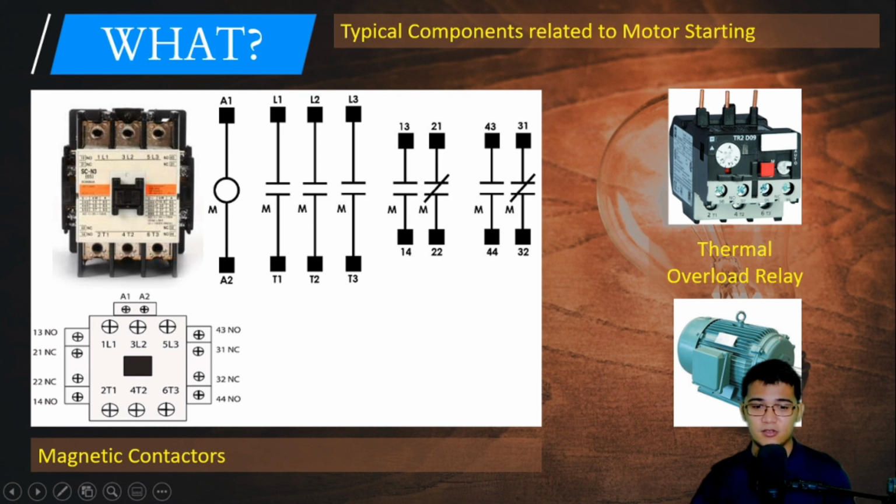Okay? So this will serve as protection doon sa ating motor. So isipin lang natin class na yung motor, masyadong mahal yan. Napakamahal ng motor. So it's very important to protect the motor against overcurrent and other hazardous conditions. Isa nga sa nagpo-protect dyan is our thermal overload relay. And lastly, of course, hindi matatawag to na motor starter kung wala tayong electric motor.